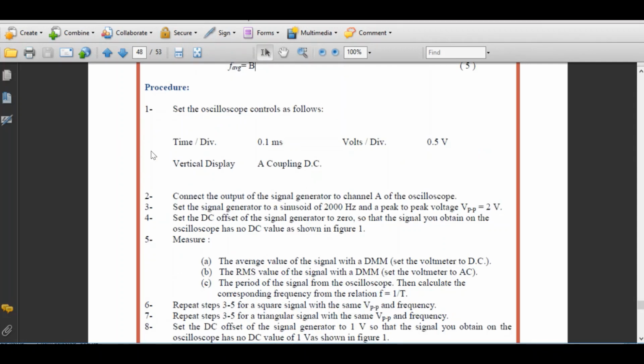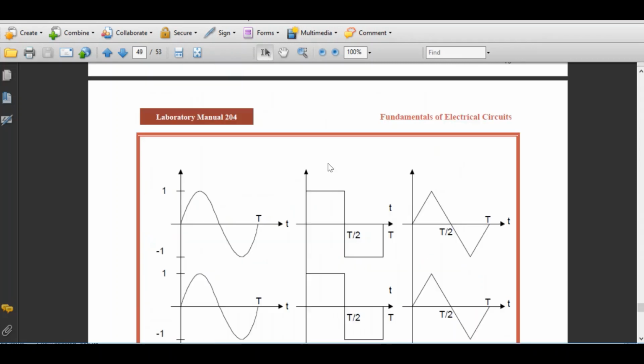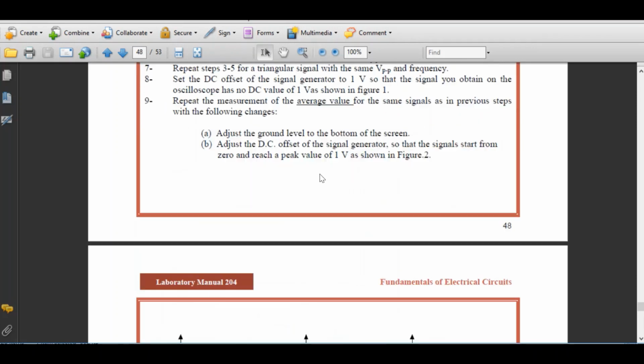Now we have to do the same thing in the lab. We have to set some parameters and use the oscilloscope, which we have already been using for the previous three experiments. We also have to use the digital multimeter and the function generator, which we used in experiment number 7 to generate these waveforms.